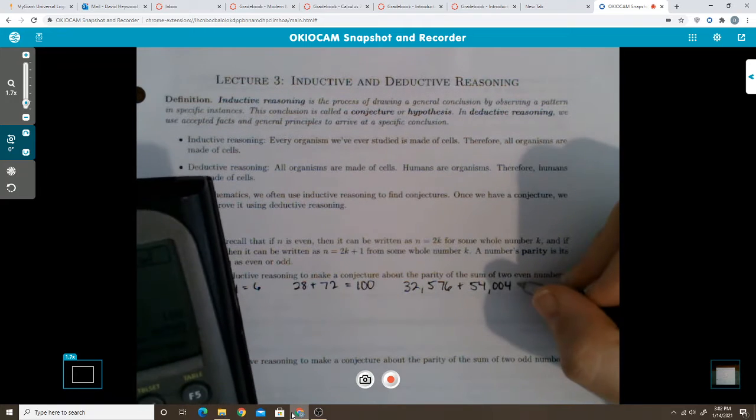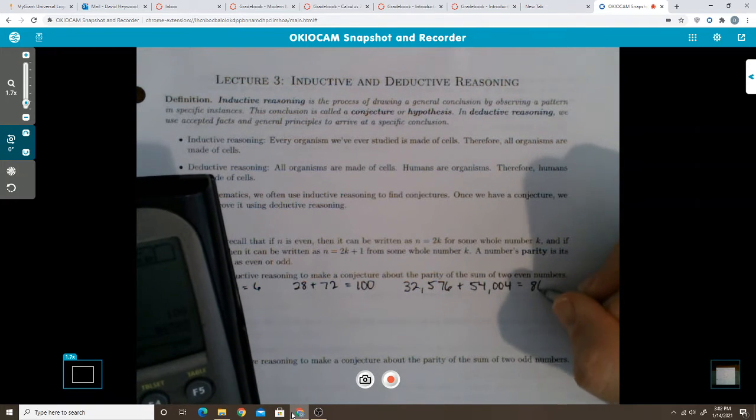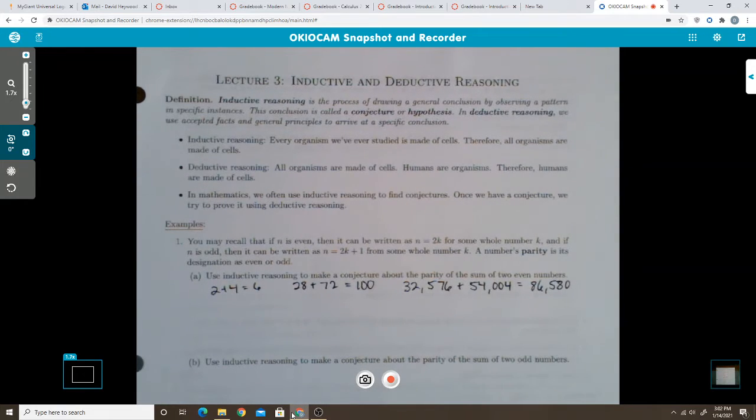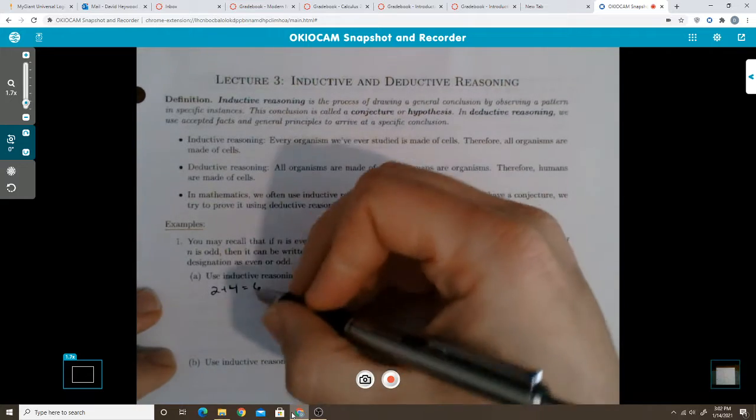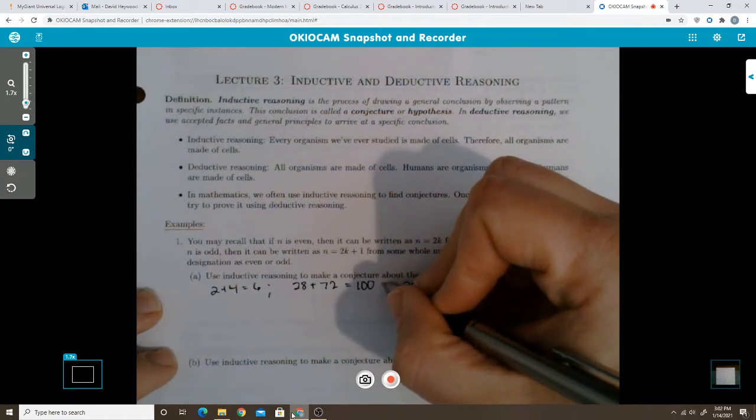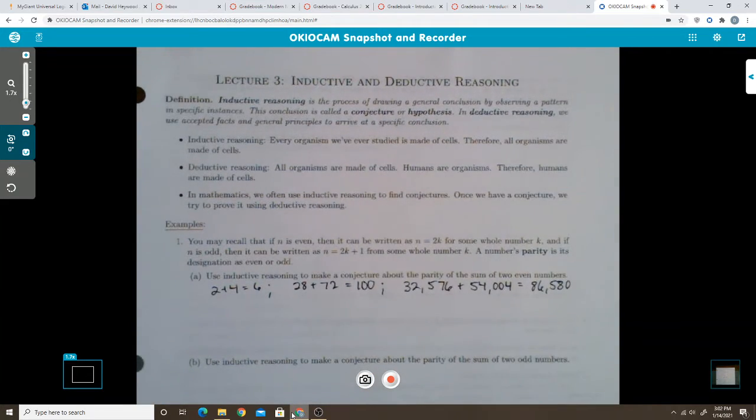We get 86,580. Okay, so we could keep looking at examples like this. We could look at example after example after example, right? And maybe there are lots of different conjectures that you could come up with. But here's one conjecture that we could make. We could say, well, it seems like when I add two even numbers, I get an even number, right? 6 is even, right?